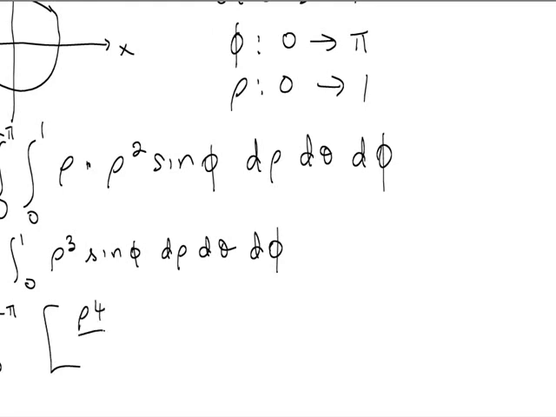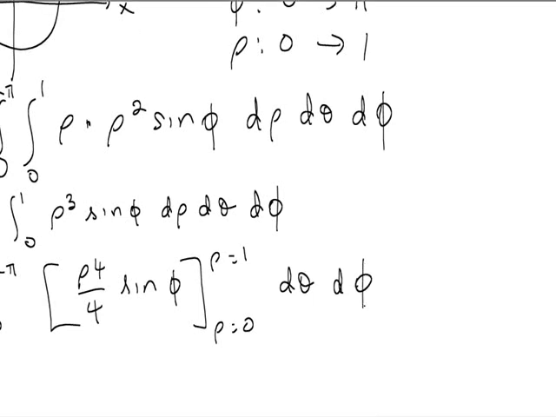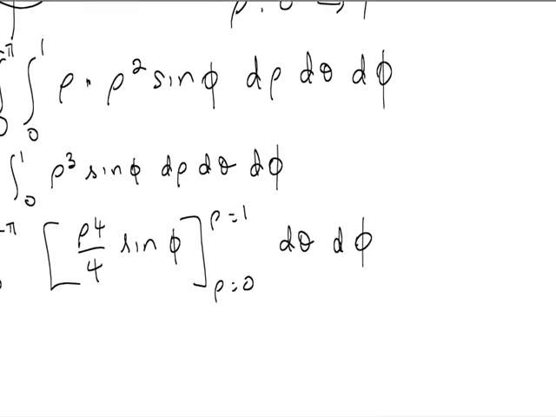So that is rho to the 4th over 4 sine phi. Rho goes from 0 to 1 d theta d phi. Substitute 0 to pi, 0 to 2 pi, 1/4 sine phi d theta d phi. Any questions before I continue?